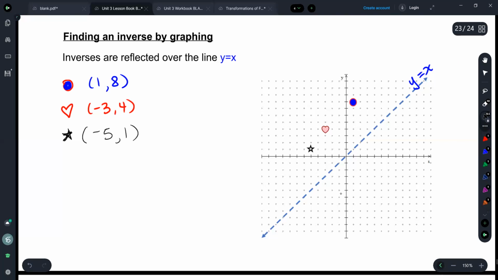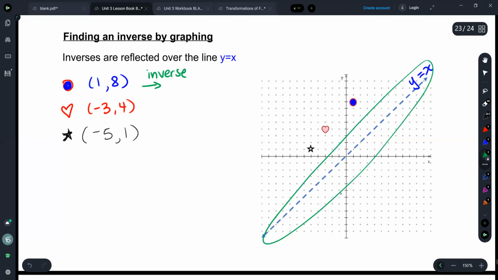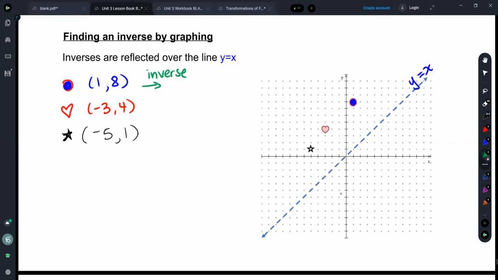Okay, the inverse function. If we assumed that this was our regular function, the inverse of this is going to swap things, or reflect things over that line, almost like we fold the paper over. What ends up happening is that the x's and y's end up swapping.